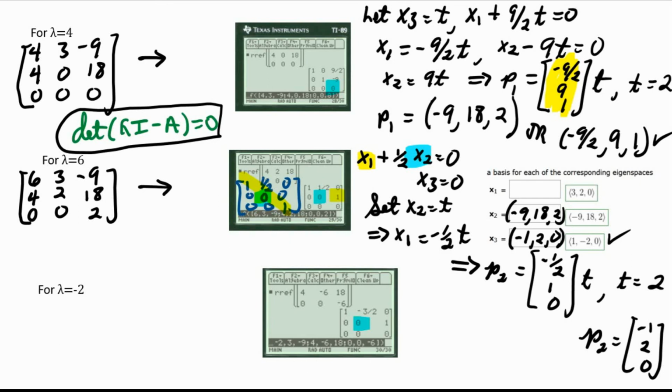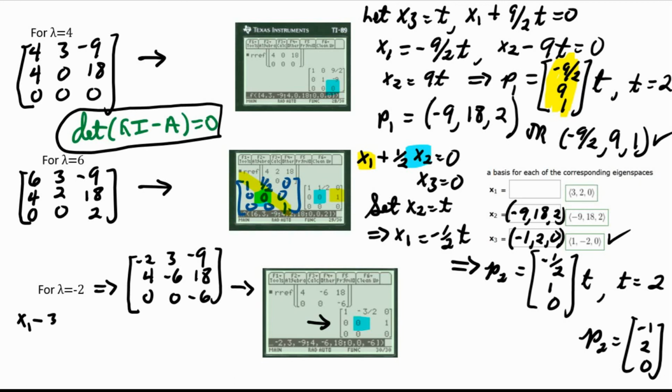And then when you have lambda equal to -2, you plug that back into that matrix, you end up with -2, 3, negative 9, 4, negative 6, 18, 0, 0, negative 6, and then that's reduced to this, and so that looks like x sub 1 minus 3 half x sub 2 equal to 0, and then that second row says x sub 3 is equal to 0.